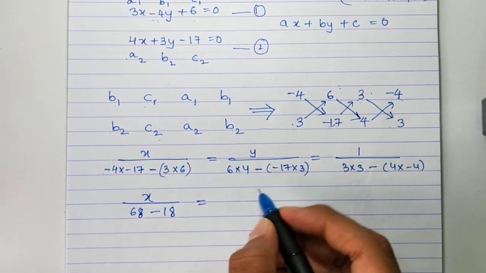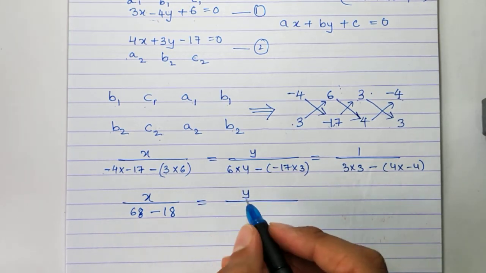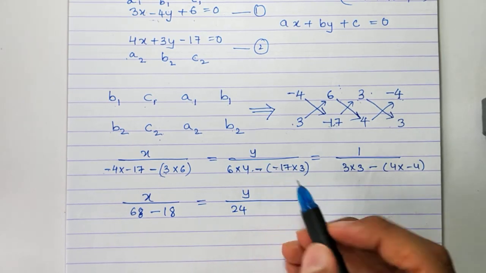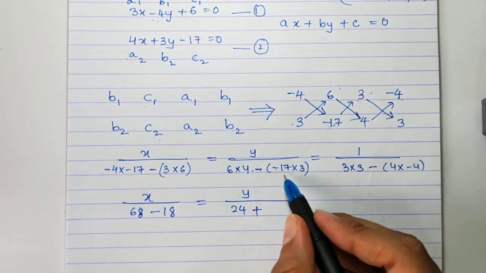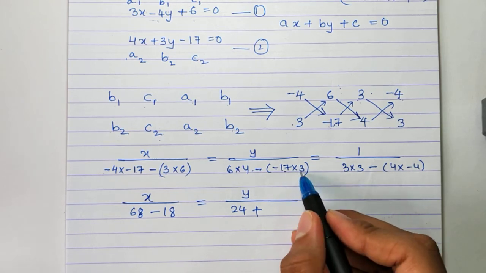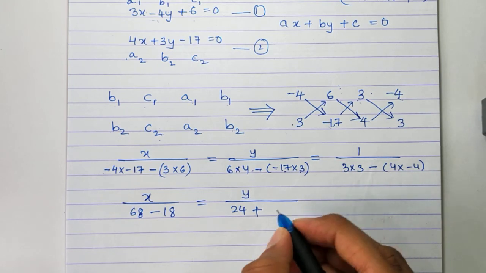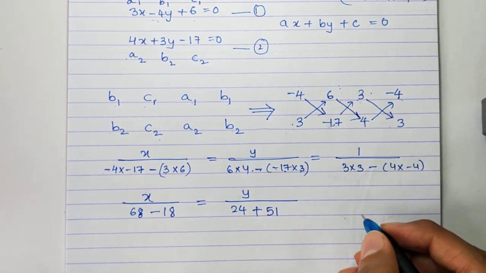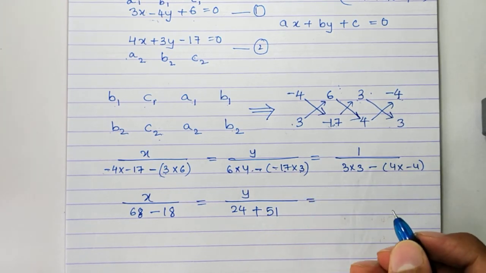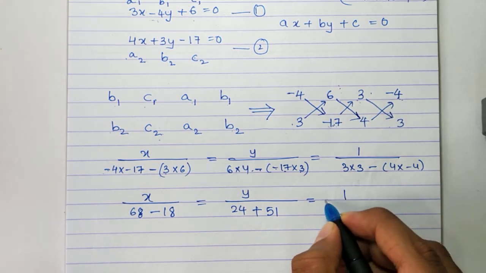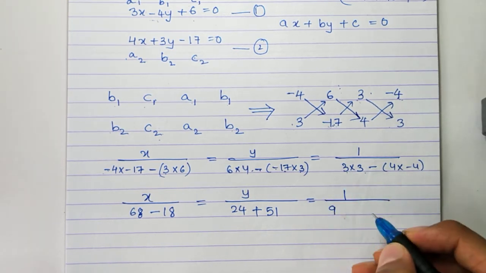Okay, equals y upon 6 4s are 24. Minus minus will become plus. Okay, or you can first multiply 17 into 3 is minus 51. This will become minus 51 and minus minus will become plus. So here I will have 51 equals 1 upon 3 into 3 is 9.